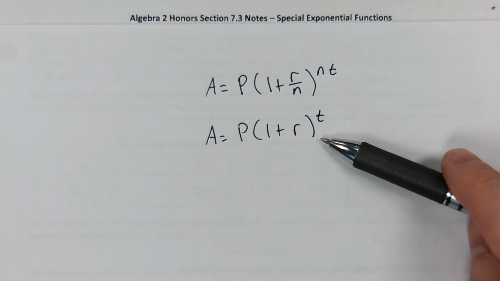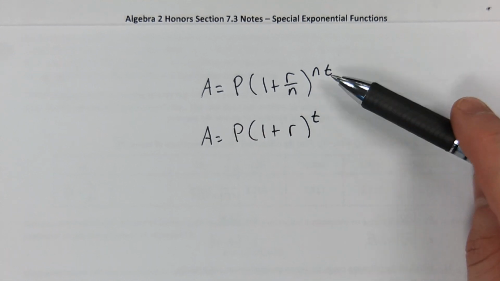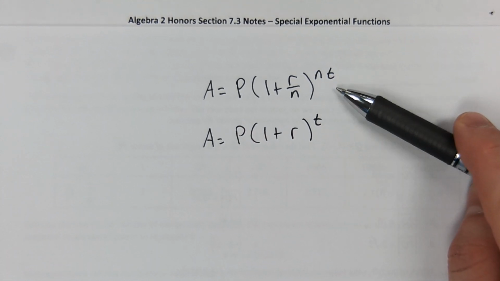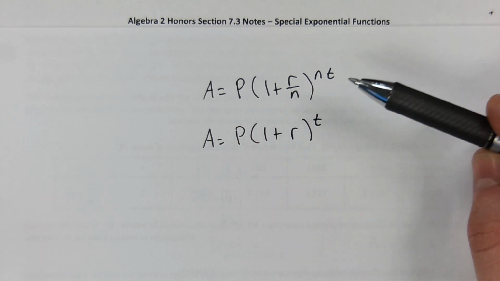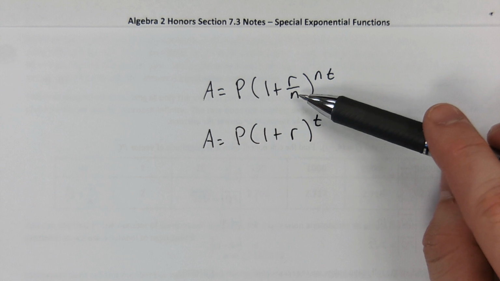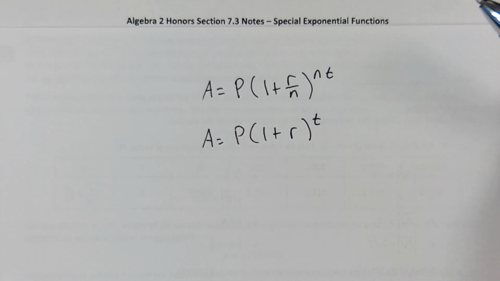We learned this first because it's easier. And they go, oh, by the way, it's actually that. When we talked about this yesterday, what you end up doing is calculating interest more than one time per year, so your interest has the ability to grow interest within the year. And the more of your interest that can grow interest in the same year, the more money you would have, right?